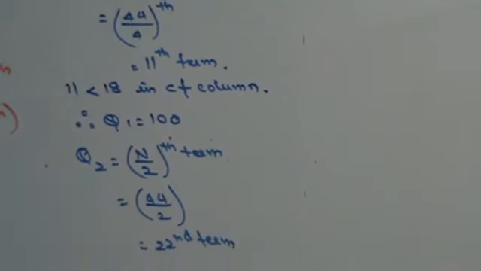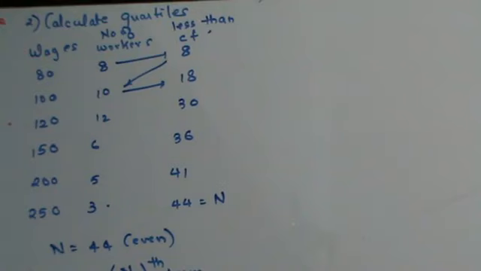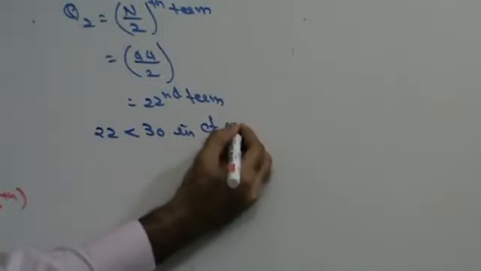Now check: 22 is less than which number in the CF column? 22 is less than 30 in the CF column.